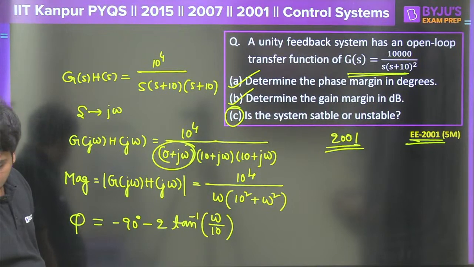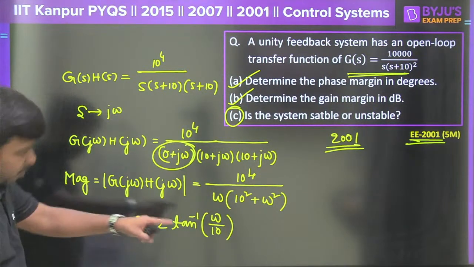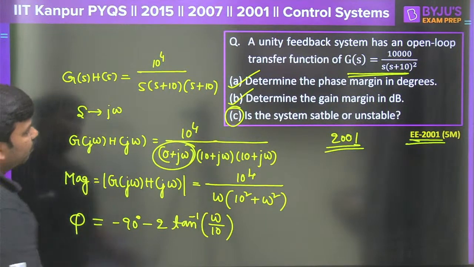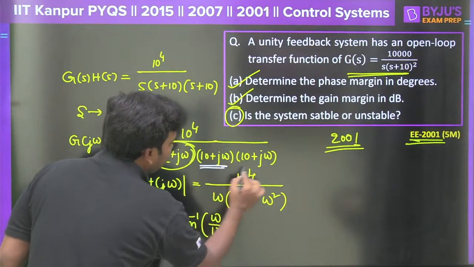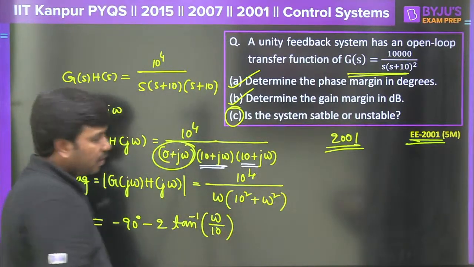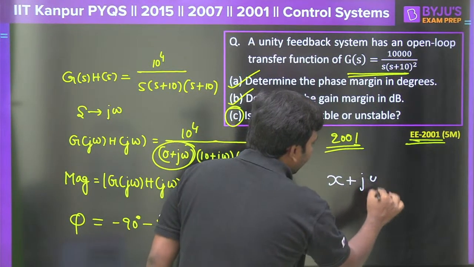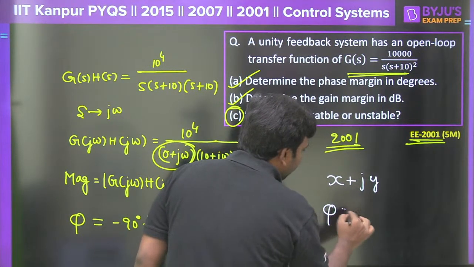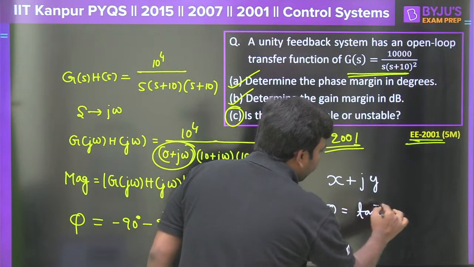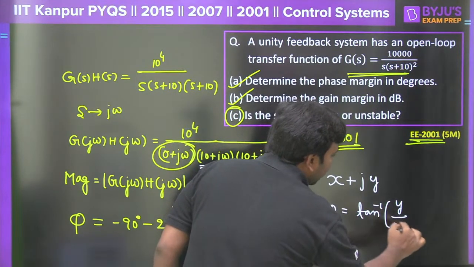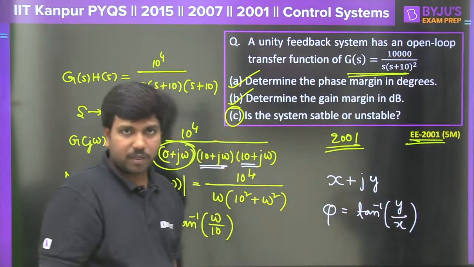Can you repeat the phase of 10 plus j omega? Simple. See here we have 10 plus j omega. Whenever we have a complex number like x plus j y, then the phase is considered as tan inverse of the imaginary part y over the real part x, y by x. Clear?